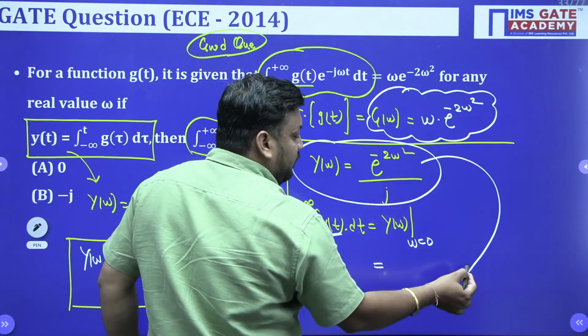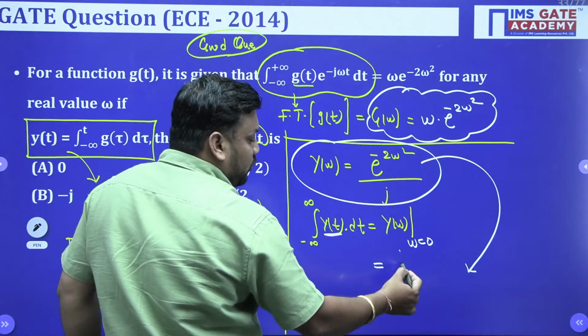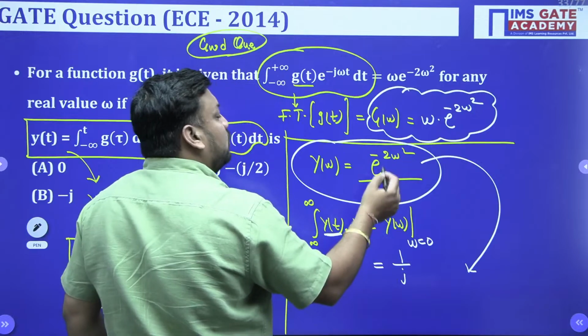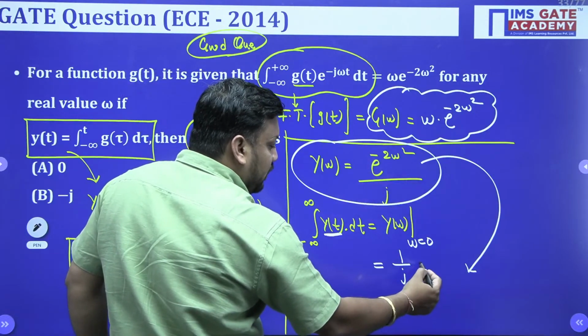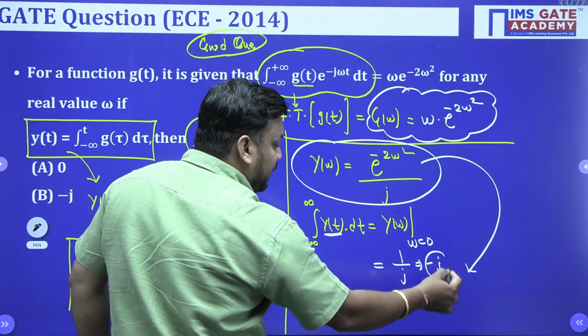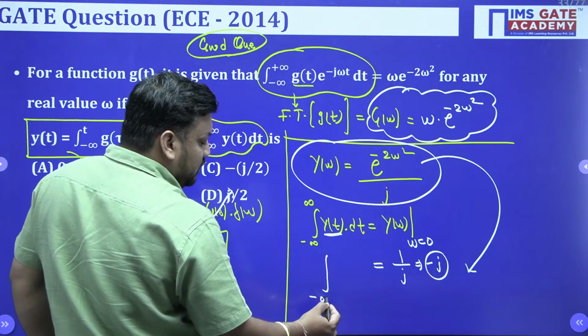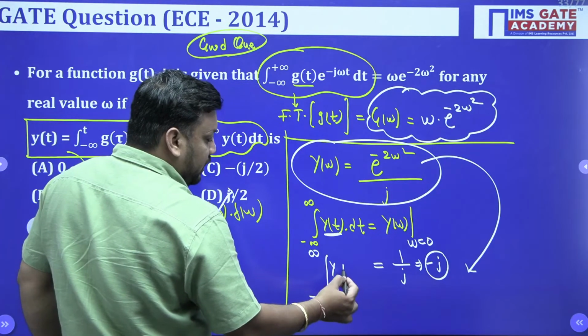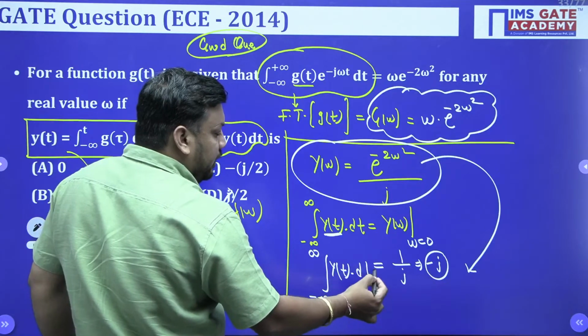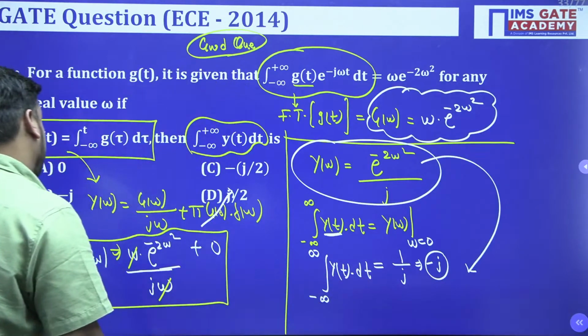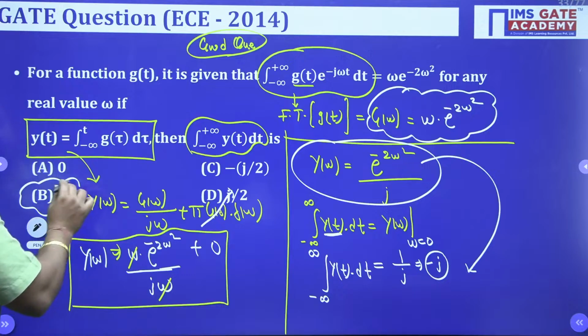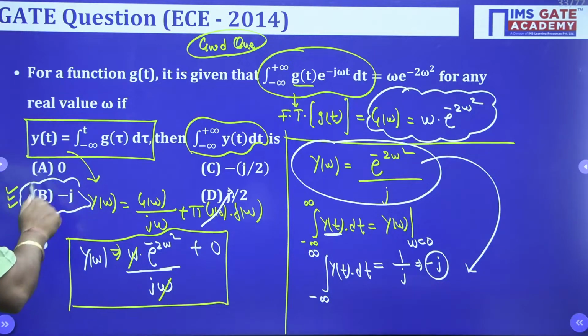In this equation, if I put omega equal to 0, I will get 1 by j only, because e to the power 0 is 1 only. So 1 by j means the final answer is nothing but minus j. So the integral from minus infinity to infinity of y(t) dt is equal to minus j. Minus j means option number B, B for Bombay, is absolutely correct.